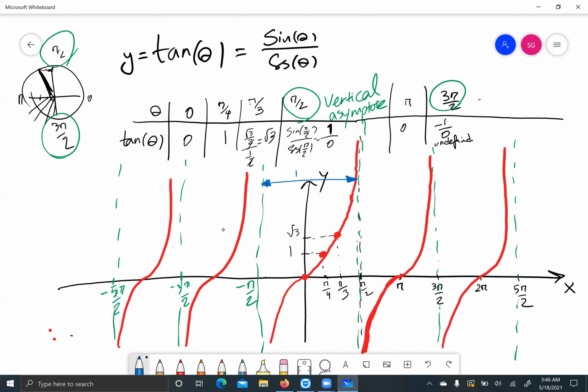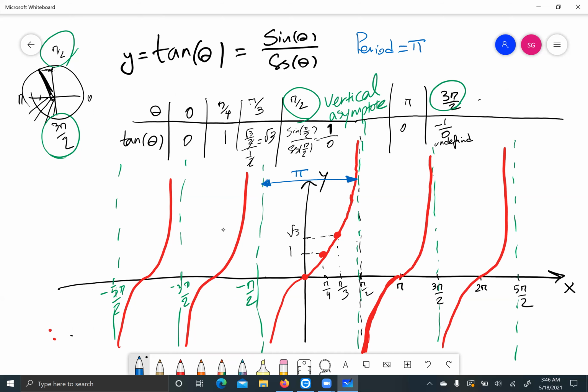So that's pi. So the period is pi. Why? Because after each pi, we repeat the same thing.